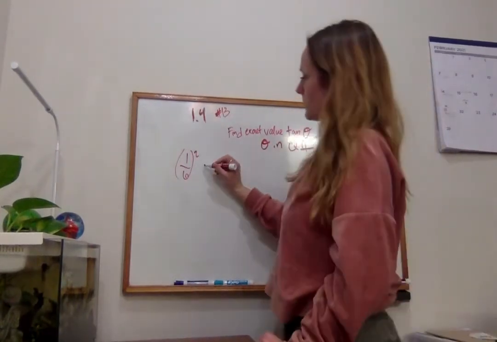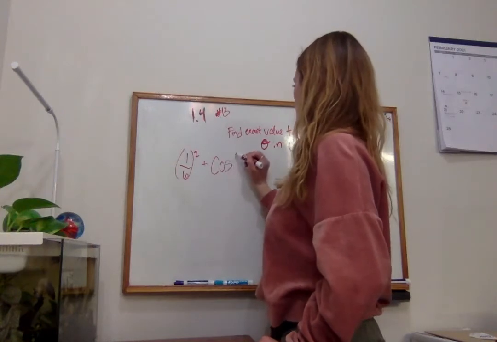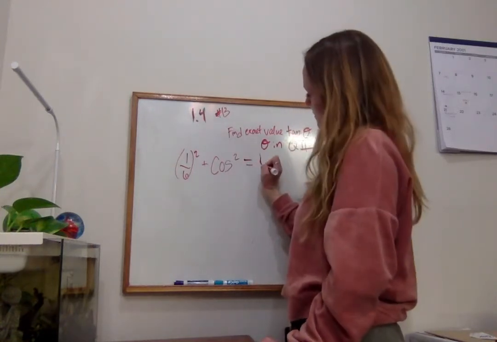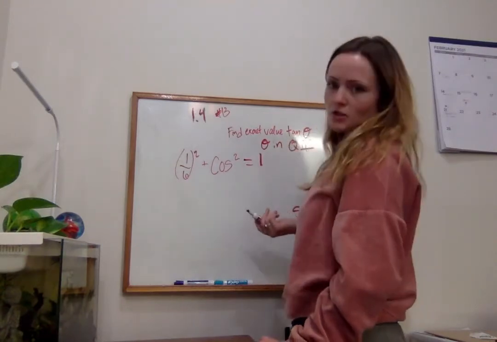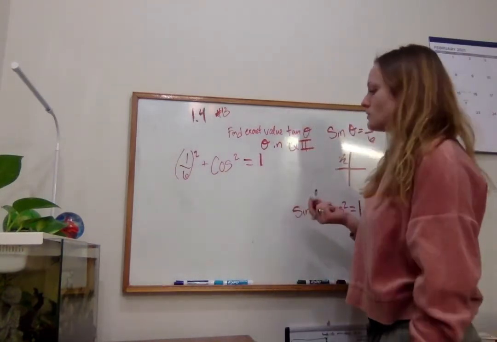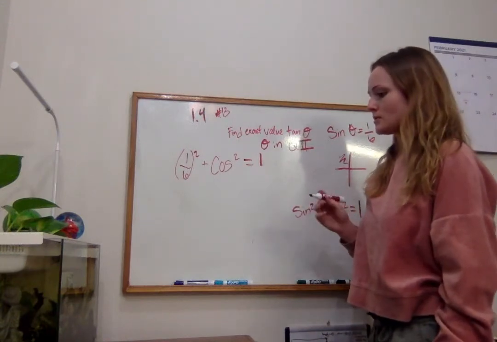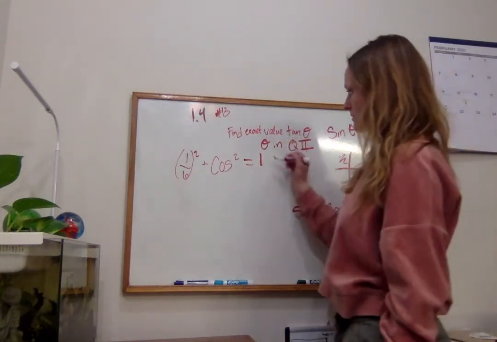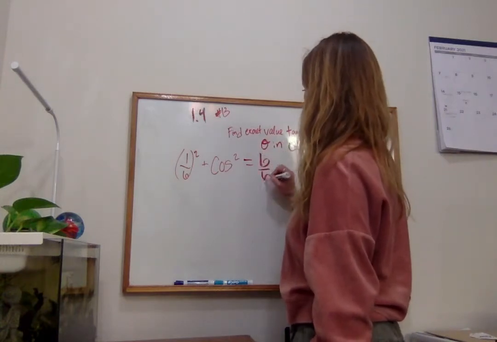So sine squared plus cosine squared equals 1. And I'm just going to change the 1 to be equivalent to 6 over 6.